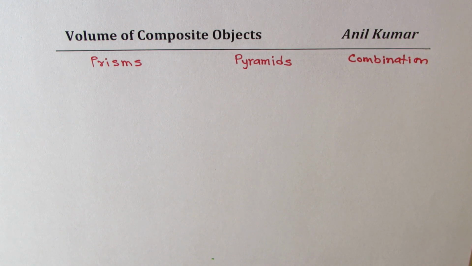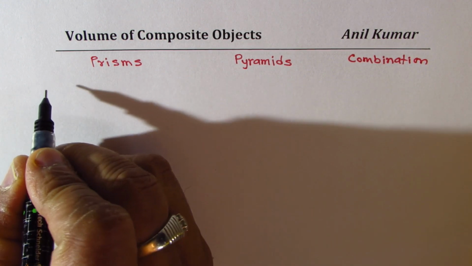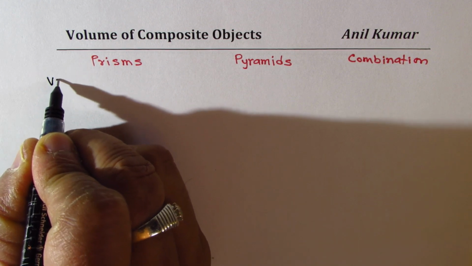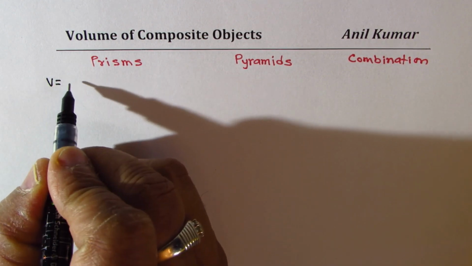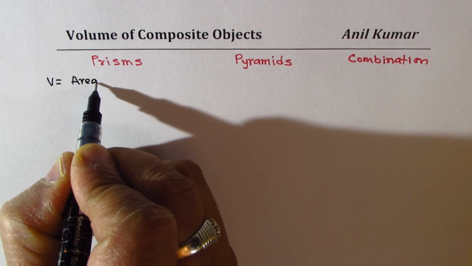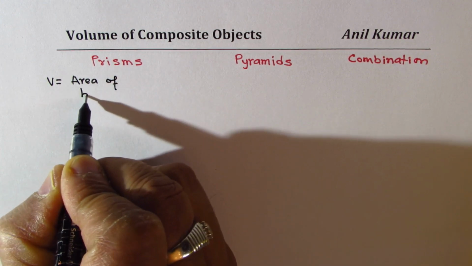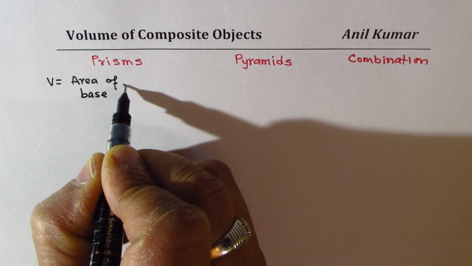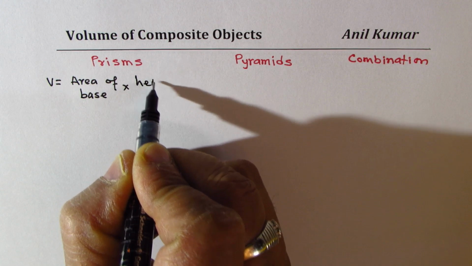Normally, when we say volume, then volume in general will be equal to area of base times height.